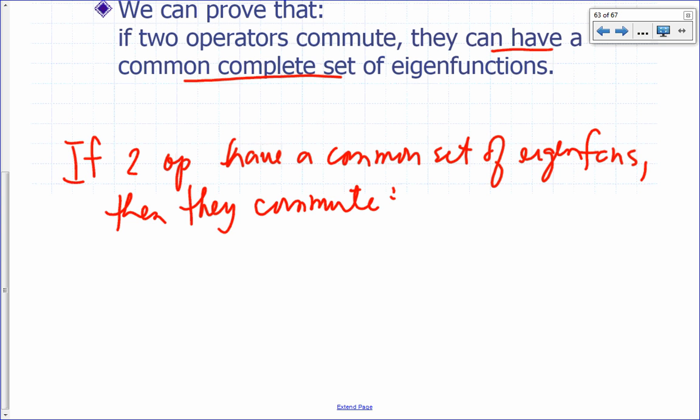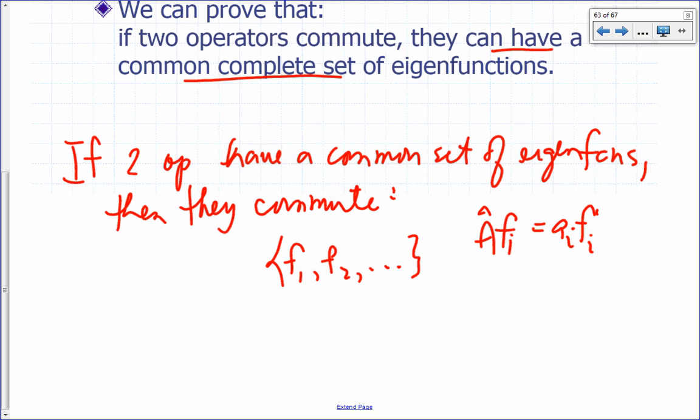So let's say F1, F2, and so on is a common set, so that A hat F sub i gives you back a constant A sub i times F sub i.